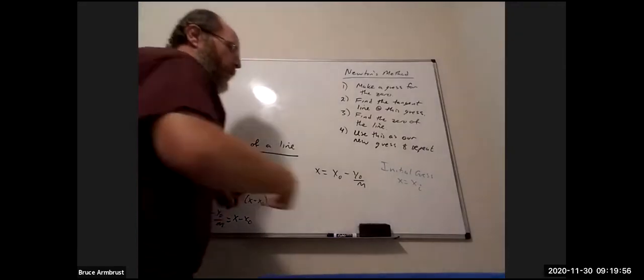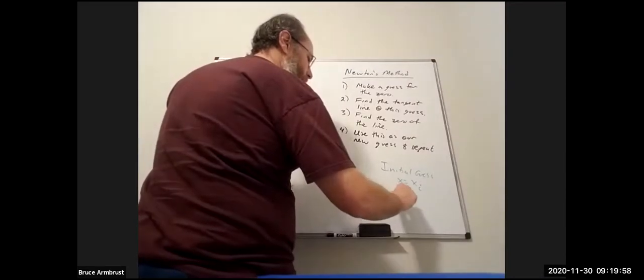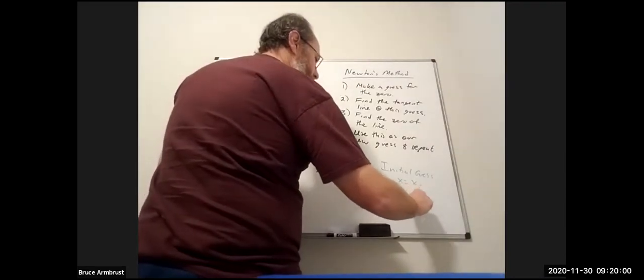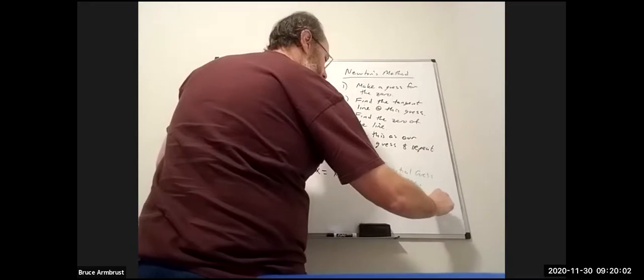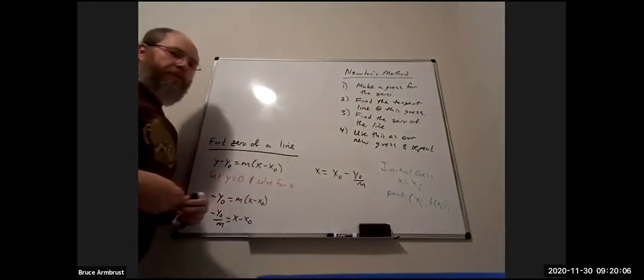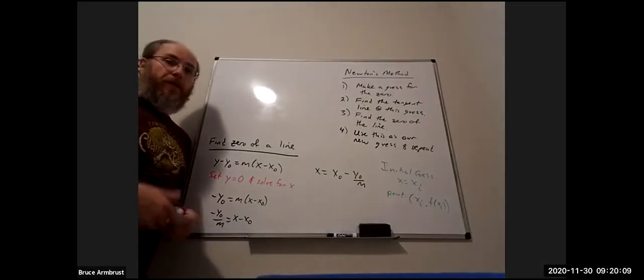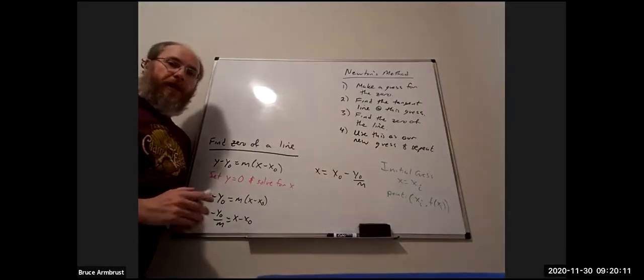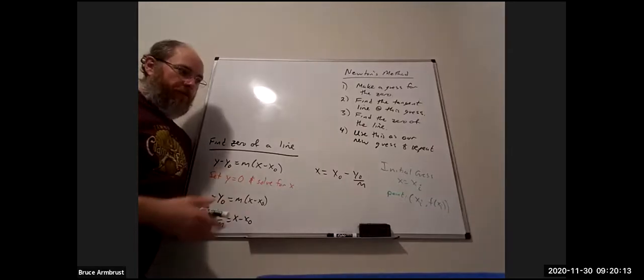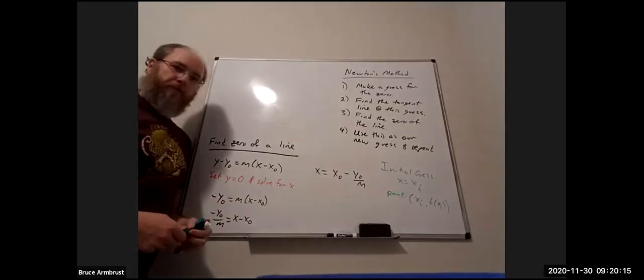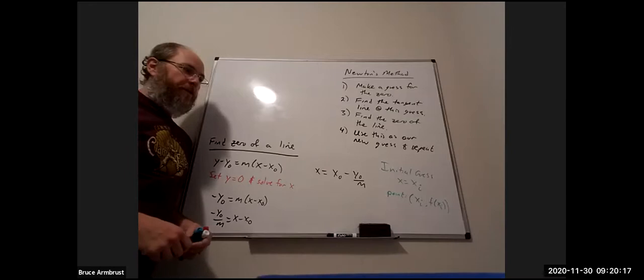Okay, so that means the point is going to be x sub I, comma, f of x sub I. We're going to get the point for this tangent line by plugging that number in. Right, we'll get the y by plugging it into the function.